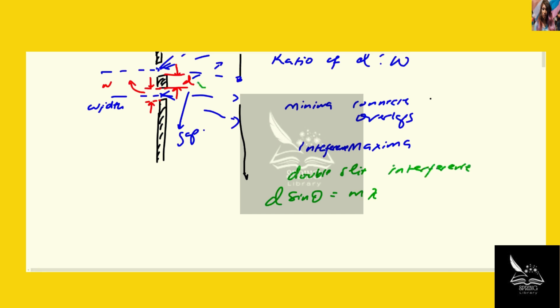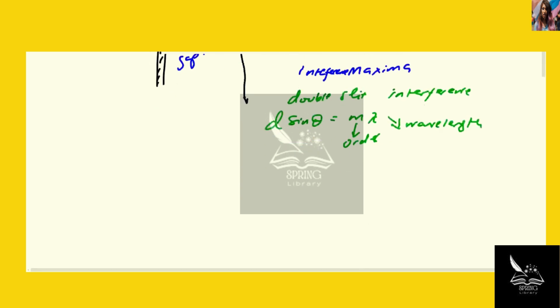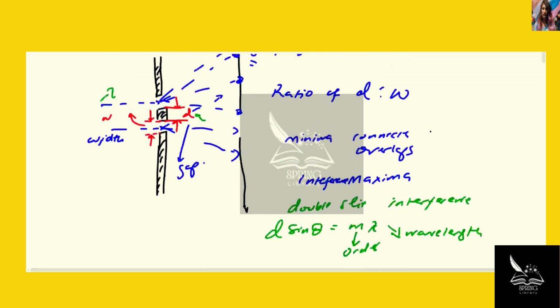And as you can see, D was the gap between the two openings, and W was the width. We know that m is the order, and lambda is the wavelength. Theta is the angle of diffraction.